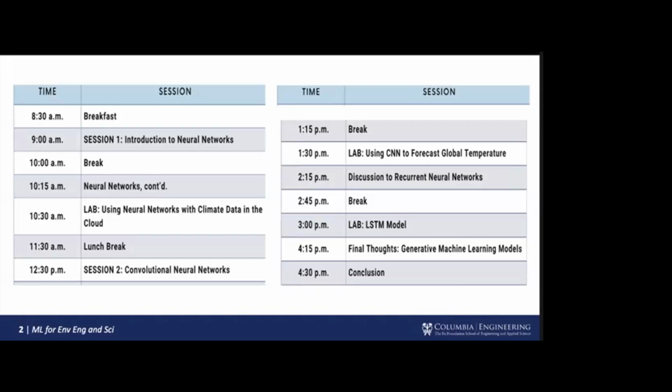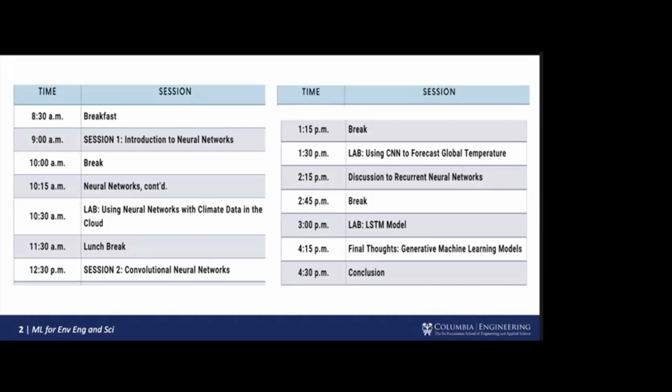Later in the afternoon, we'll transition from space to time with a discussion of recurrent neural networks and then a hands-on LSTM lab. This will help you think about sequential data, memory, and temporal dependence, which are central to climate and environmental systems. We'll wrap up the day with some final thoughts on generative machine learning.